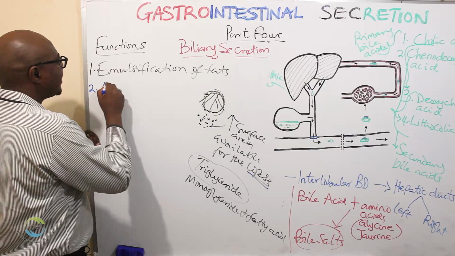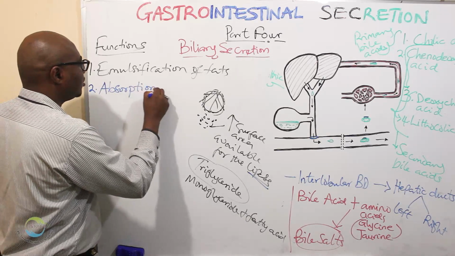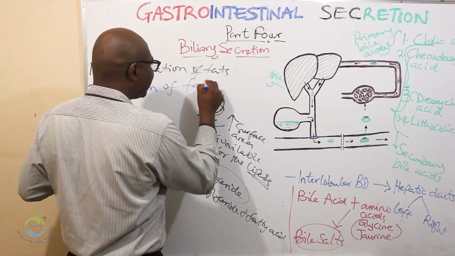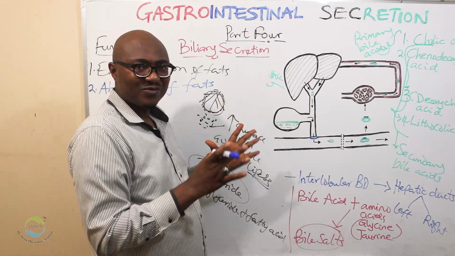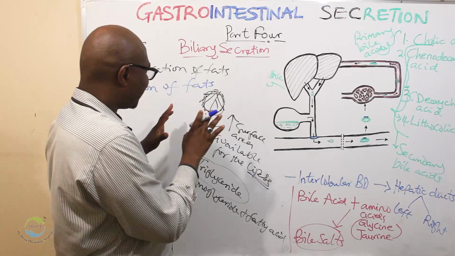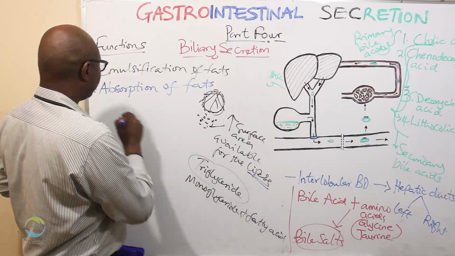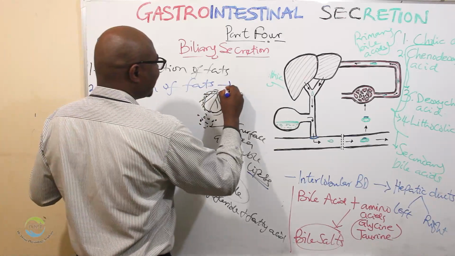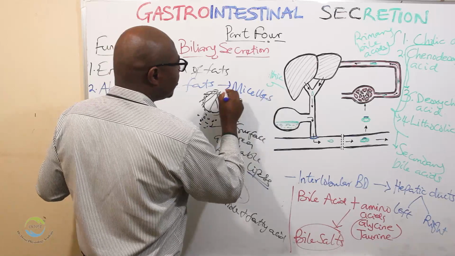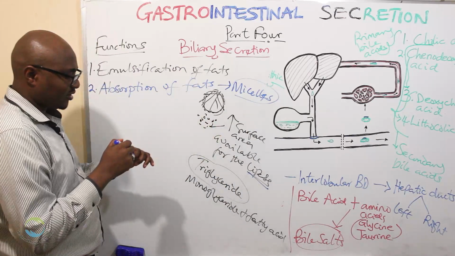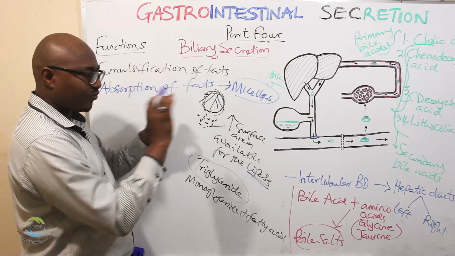So it aids in the absorption of fats. But when we are dealing with absorption of fats, we will talk more about this. But just know that it aids in the absorption of fat through the formation of micelles, what we call micelles. Okay? Let's not go into it, it's a lot of explanation. So that is absorption of fat, to focus on that.